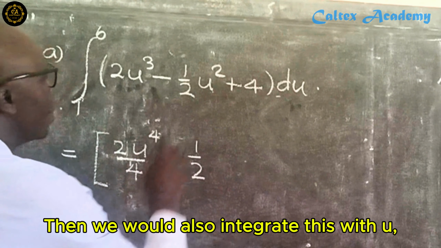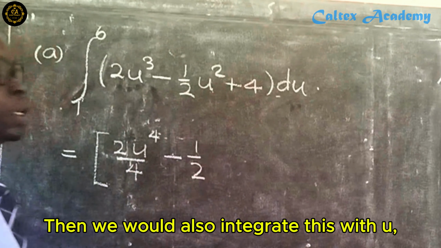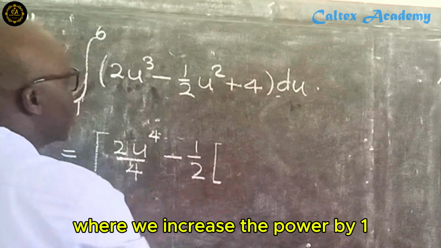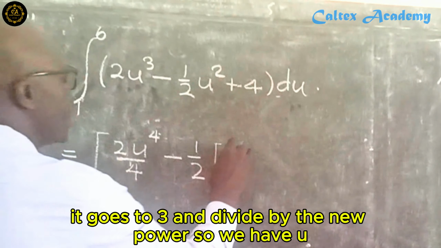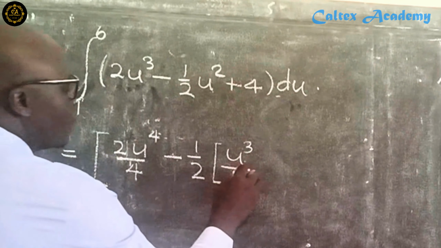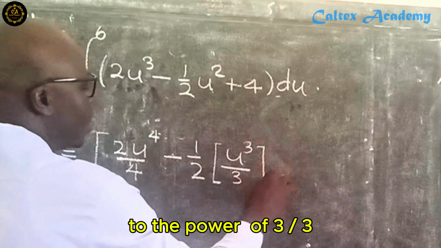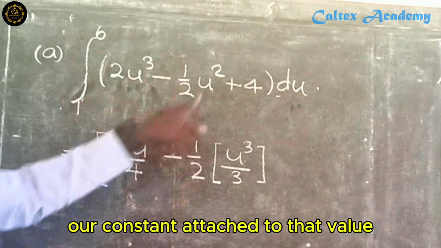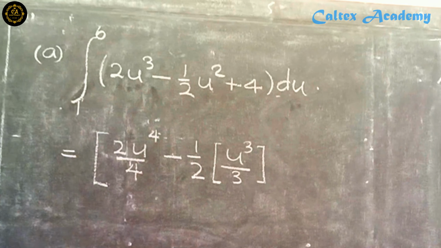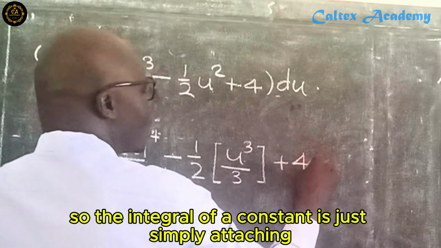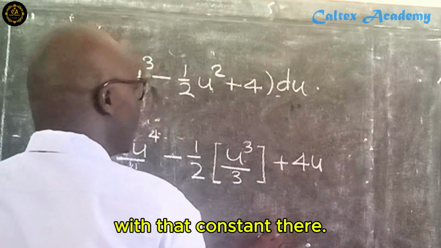Then we will also integrate this with u, where we increase the power by 1. It goes to 3 and we divide by the new power. So we have u to the power of 3 divided by 3, and then we shall multiply this with our constant attached to that value. The integral of a constant is just simply attaching u to that constant.